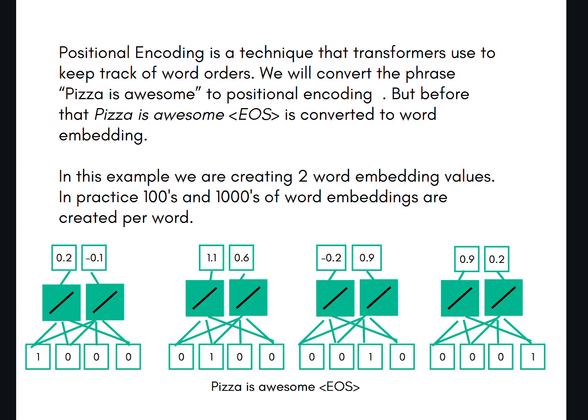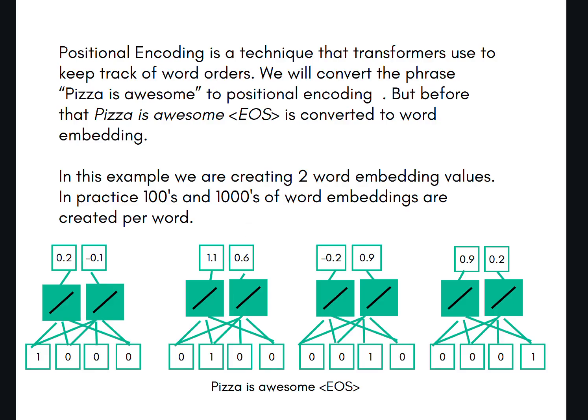But in actual scenarios, you'll have a word defined with hundreds or even thousands of word embedding values. The Attention Is All You Need paper defines it as 512, so each word is defined with 512 values. But because we are keeping this simple, we'll create word embedding values of 2.